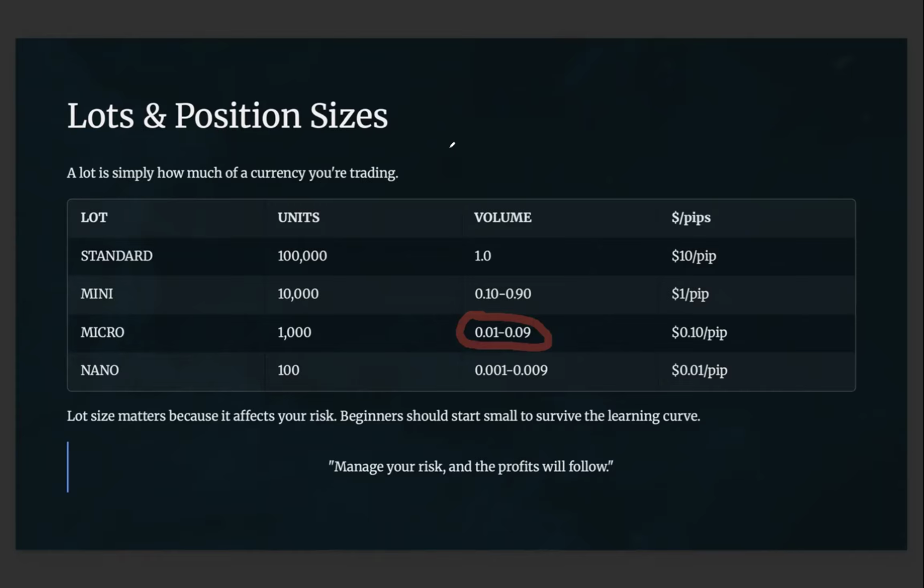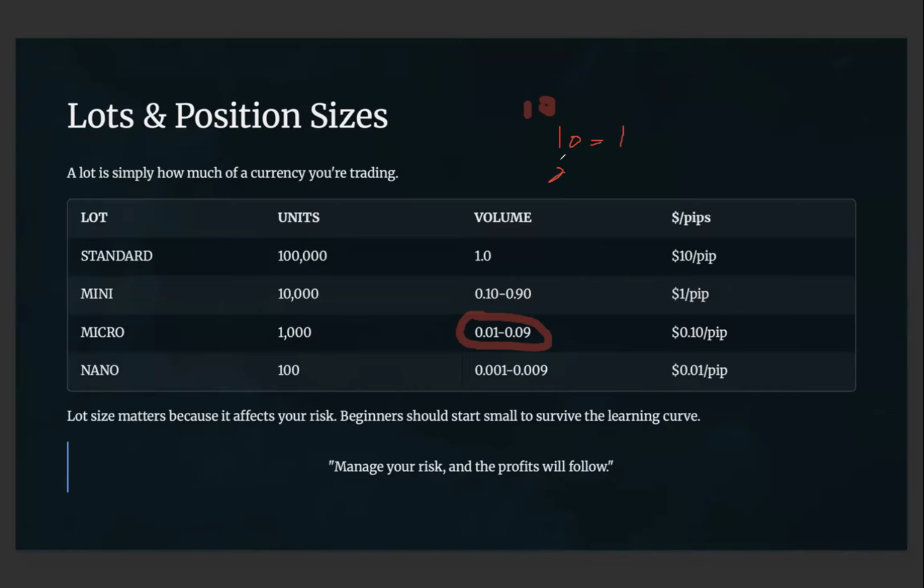So for me, what I just tell myself is that I see 10 pips as 1.